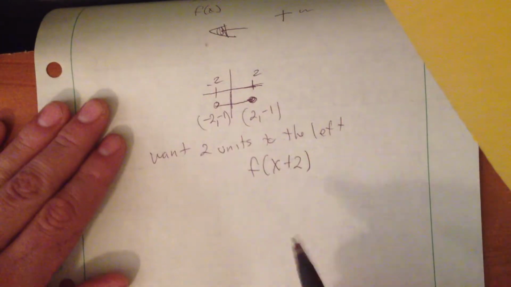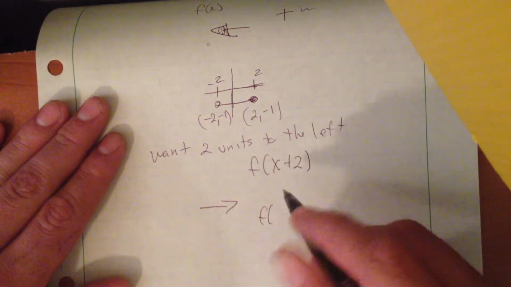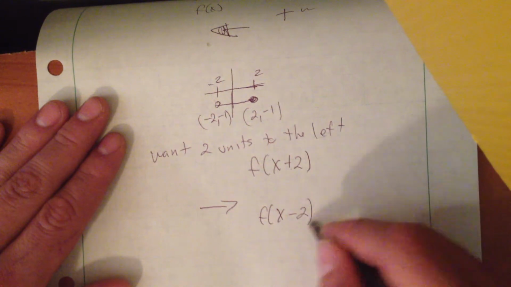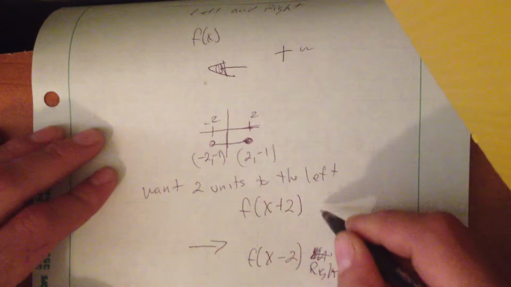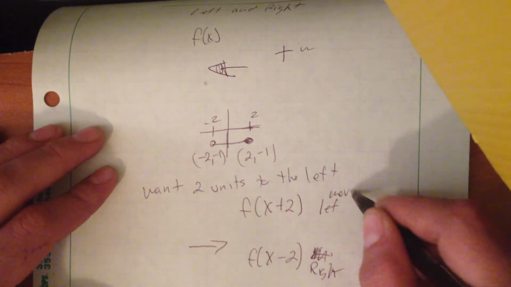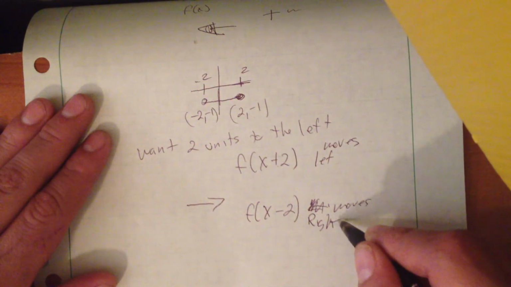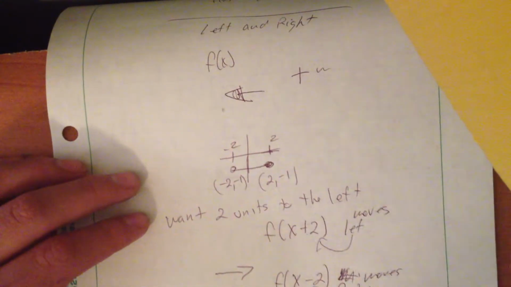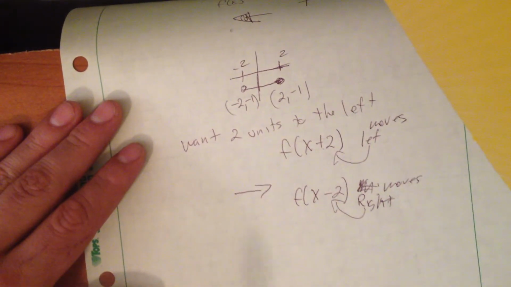And the same thing if you want to take it to the right, then it's f of x minus 2. Oh, I'm sorry, that's to the right, and the plus is to the left. So it's just opposite. Remember, negative, positive, just do opposite signs.